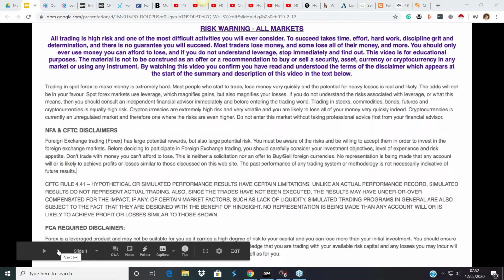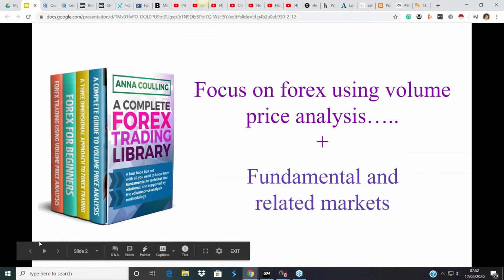But just very quickly, for those of you for whom this is your first time, what we do is we look at the forex market through the prism of volume price analysis. It's the methodology that David and I have been using for almost 20 years now. It's not a new methodology, but it basically looks at the price action on a chart and its relationship to the volume.